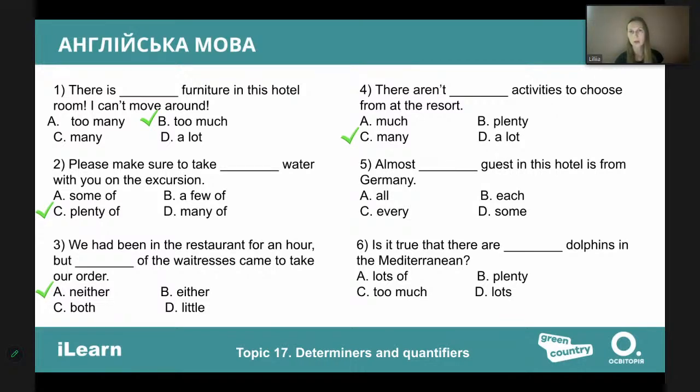Because only countable nouns can have singular and plural form. Uncountables, they just exist. No singular, no plural, or something in between, right? But with countable, зі злічуваними, we can have a plural form. That's why it's many. Number 5, almost every guest in this hotel is from Germany.